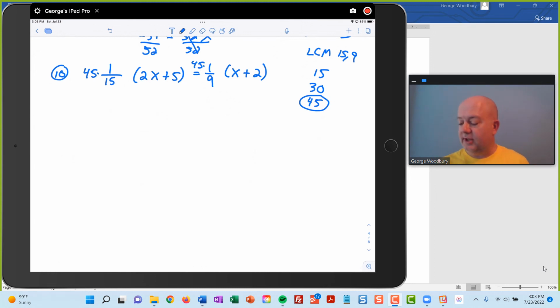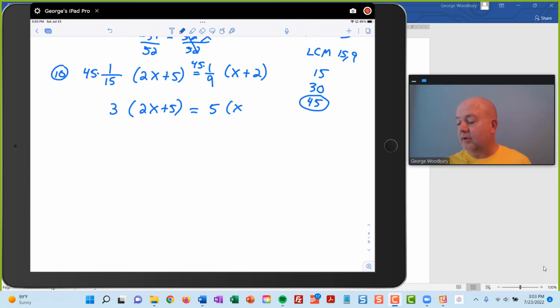45 times 1/15 is 3, because 15 goes into 45 3 times. And that leaves me with 3 times 2x plus 5, no fractions on the left-hand side. On the right-hand side, 45 times 1/9 is 5, because 9 goes into 45 5 times. Fractions gone.